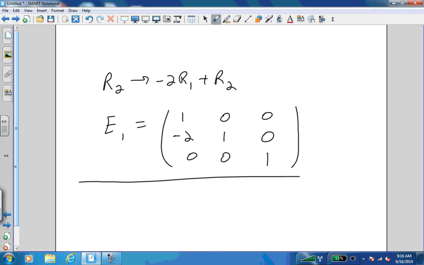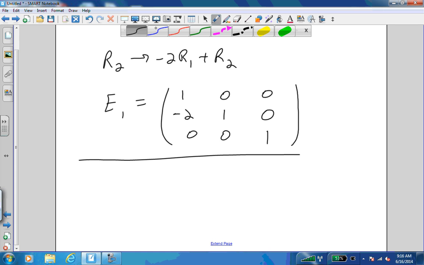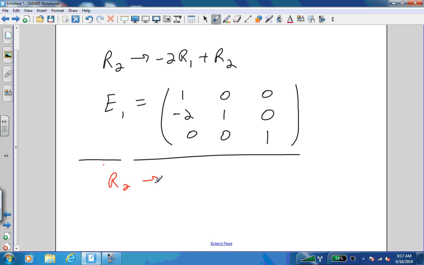If we want the inverse of that, the inverse of subtracting twice a row would be to add twice that row. So let's get this down. The inverse operation would be to add twice my first row.